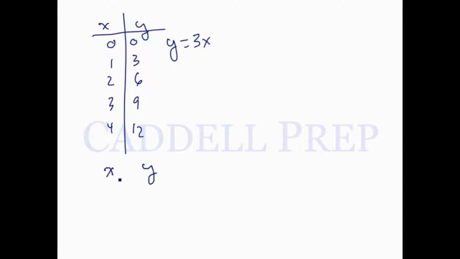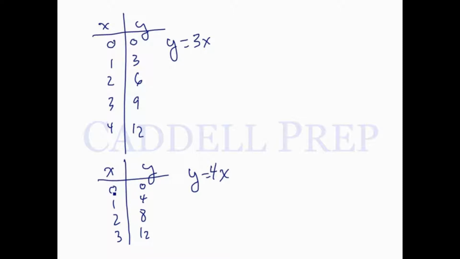Okay, let's look at another one. Let's count by 4's. 4, 8, 12. So here we see just multiply x by 4 and we'll get y. So these y values are just 4 times the associated x values.